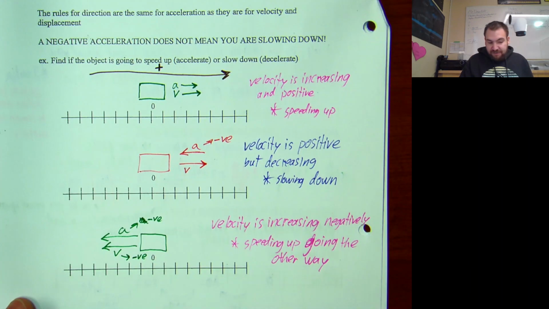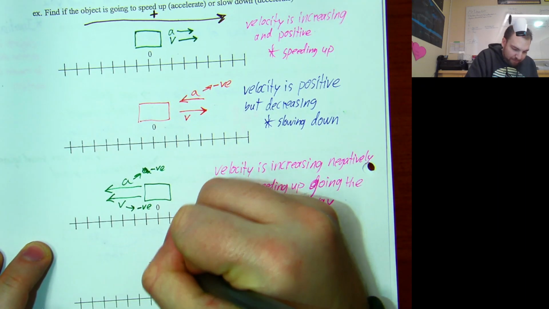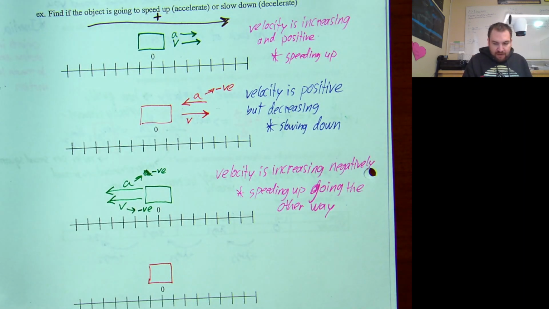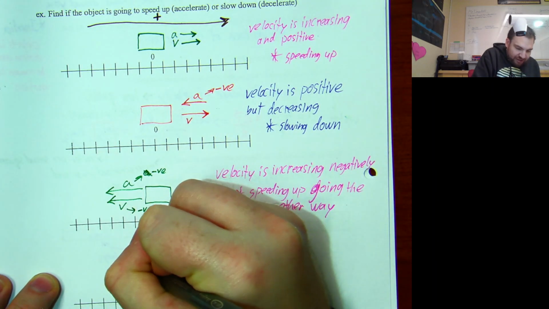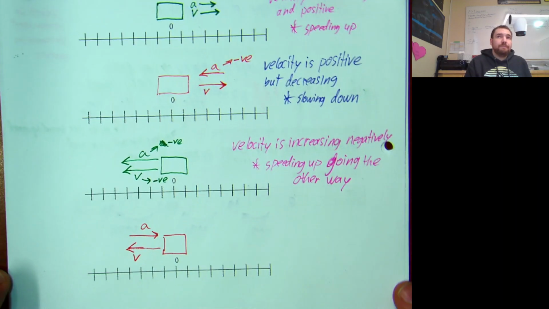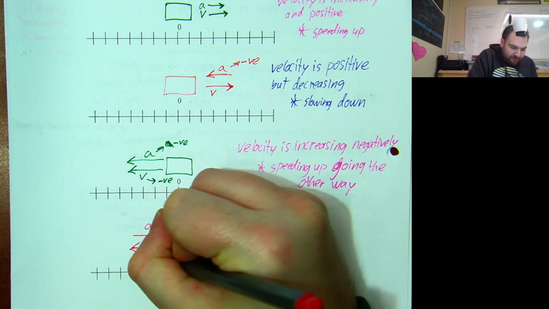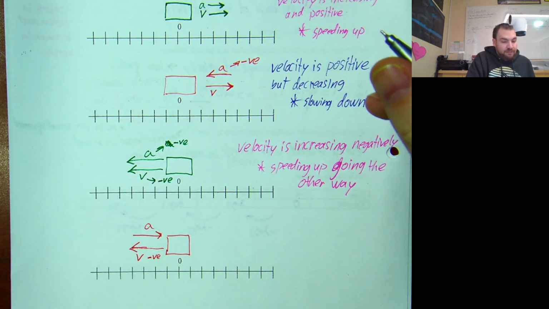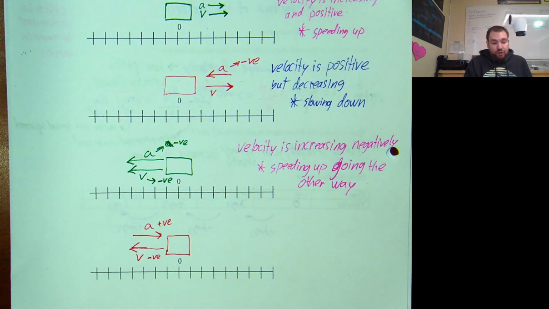So the last combination we could include here is what happens when I've got my object that has a velocity this way and an acceleration this way. In this last example, my velocity is negative, but my acceleration is positive. So what's actually happening here?